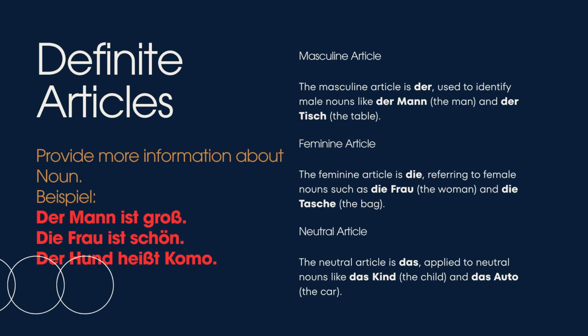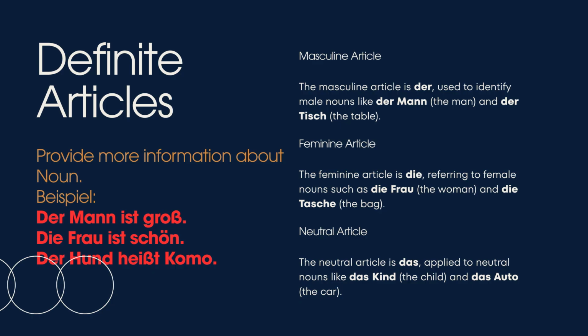We use these definite articles to provide more information about noun objects. The first function is to identify or speak about a specific noun, the one we already know.